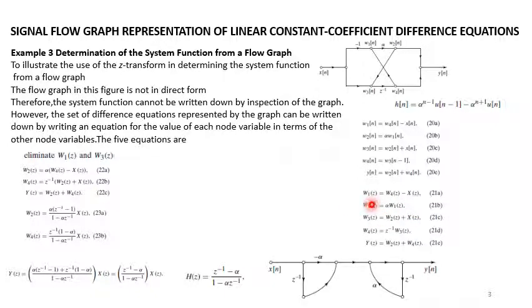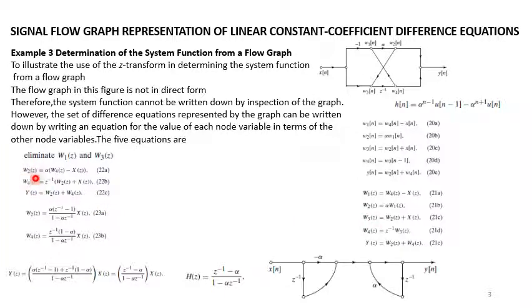Similarly, equation 21c into 21d. This is W3 of n minus 1 and it is W3 of n. So if we replace these, we can get rid of W1 and W3, and we are talking about the z domain, so that will be W1 of z and W3 of z. So we are left with this one.